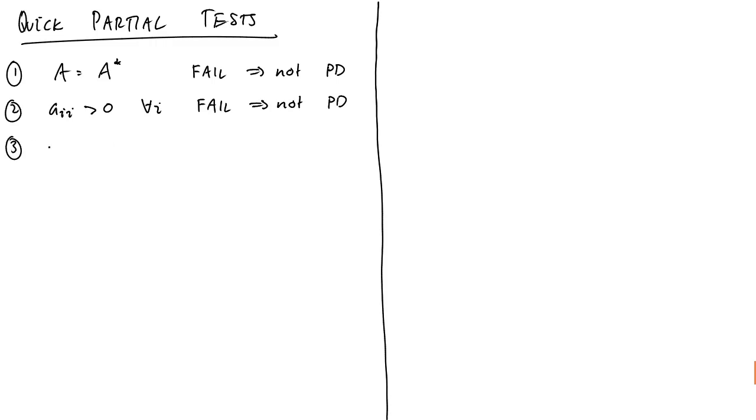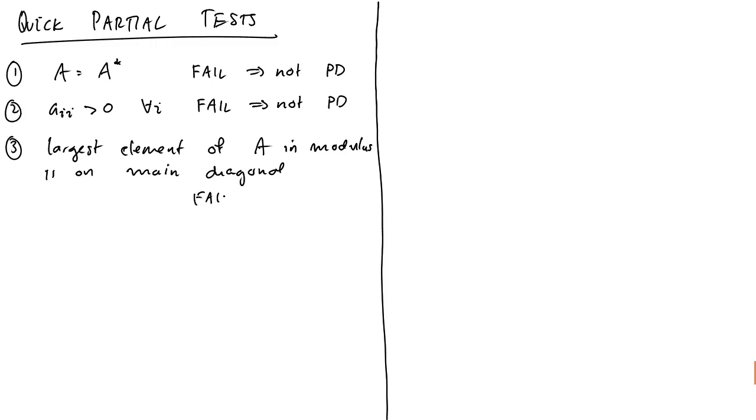Number three: the largest element of A in modulus is on the main diagonal. If not, it's not positive definite. These are all things you can pretty much inspect visually.